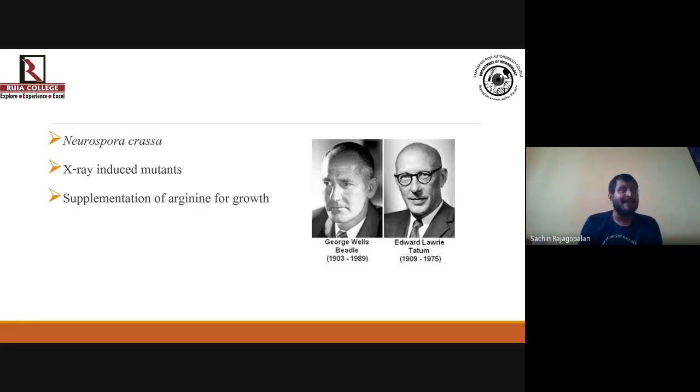It involves several enzymes. Okay, so what they did was, let us assume, I'm not saying surely, that we have 5 enzymes for biosynthesis of arginine. 5 अलग-अलग enzymes है पूरे pathway में. तो एक Neurospora crassa is mutant in the first enzyme. Second one is mutant in the second enzyme. Third one is mutant in the third enzyme.